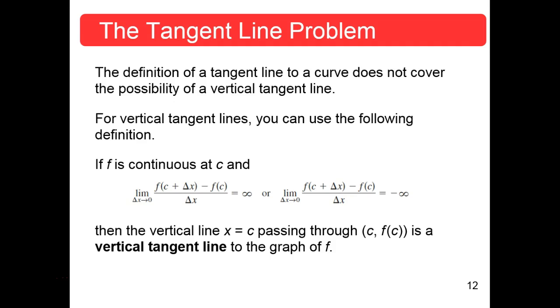Well, okay, they're going to go into this. If f is continuous at c, then the limit as delta x approaches 0 of f of c plus delta x minus f of c, over delta x, going to 0. This could be any value in the world over 0. That's going to be infinity, or it's going to be negative infinity.